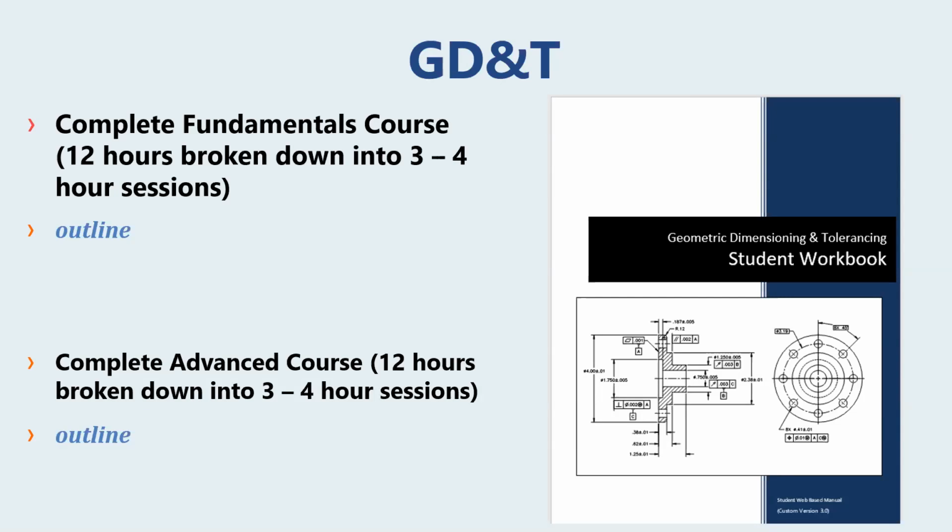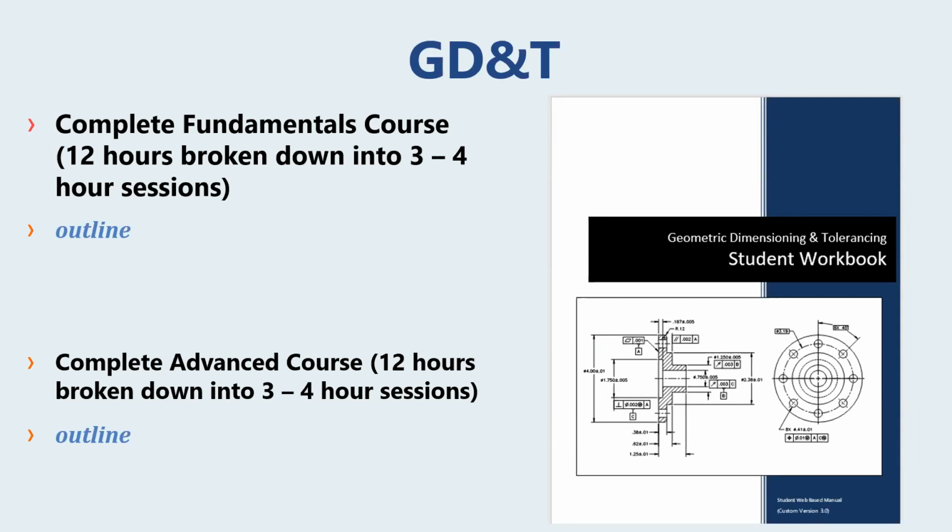Then we get into taking a look at datum reference frames, where we break it down into discussing datums being applied to surfaces and features of size. We take a look at partial datums, datum target points. We look at the functional breakdown, functional datum selection, and we take a look at a little bit of applying the actual feature control frames on how many datum references are actually required.